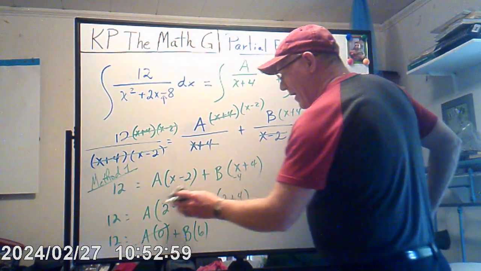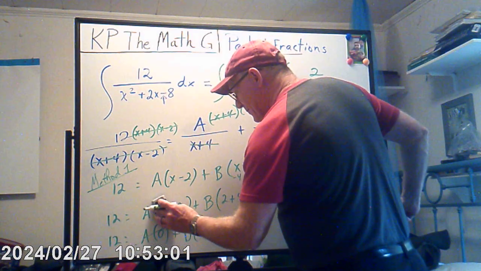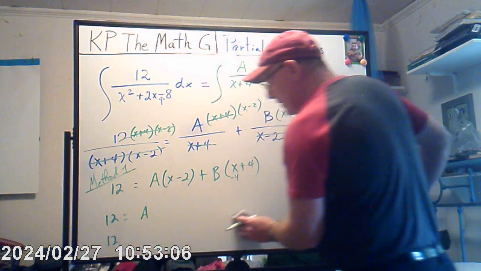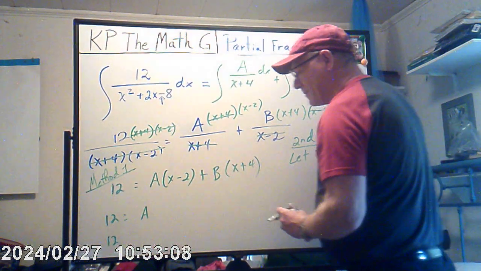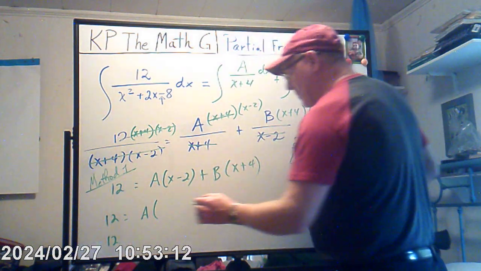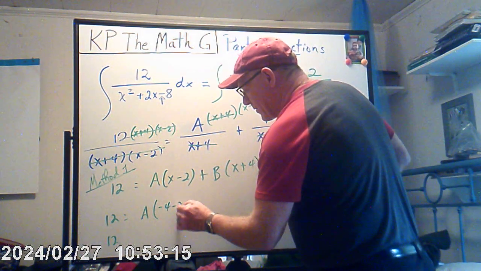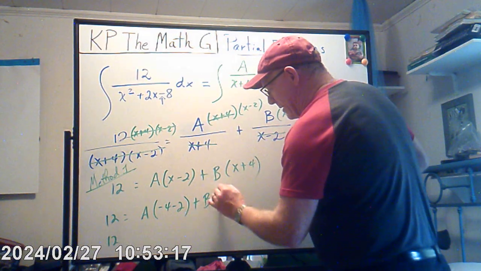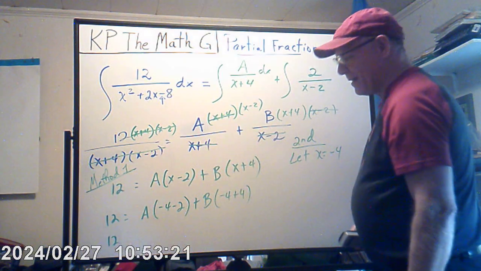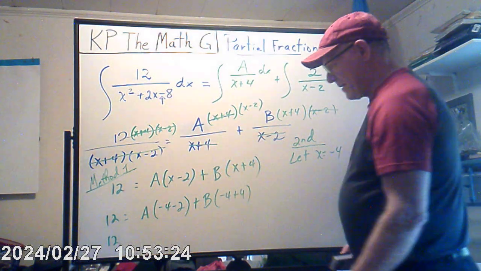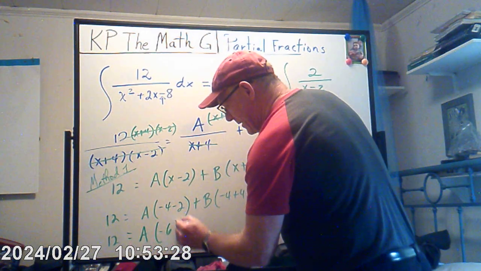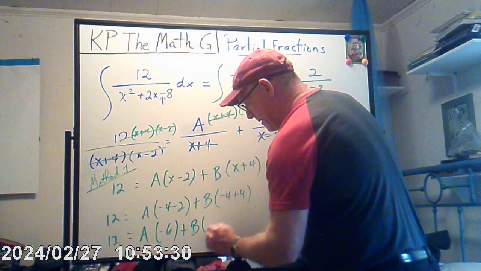Okay, let's see. If I were to erase this, come up with this. I just have to keep erasing, y'all, so excuse me. So this time we're going to let x be negative 4. Negative 4 minus 2 plus b times negative 4 plus 4. This is going to be a times negative 6 plus b times 0.